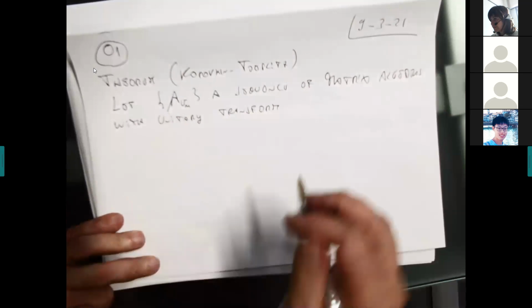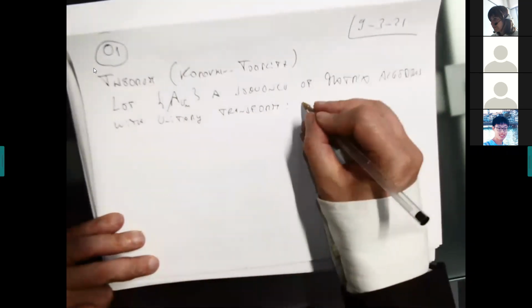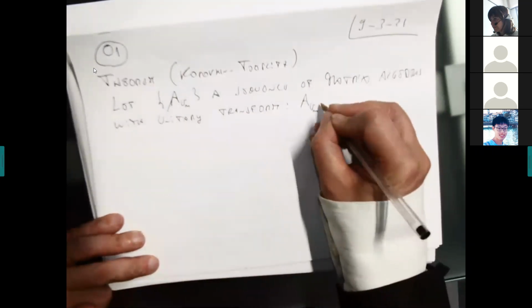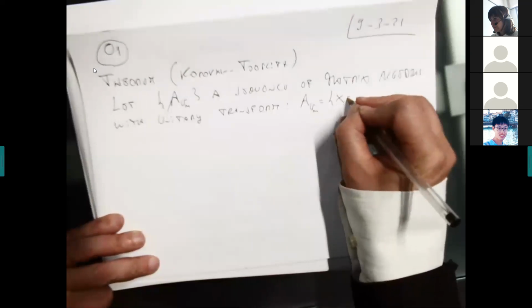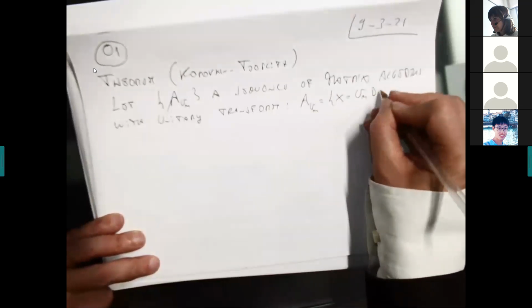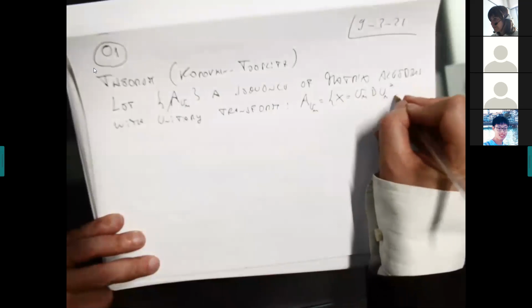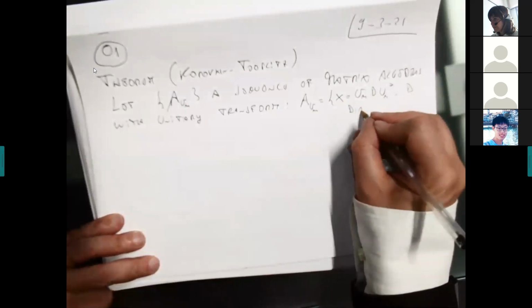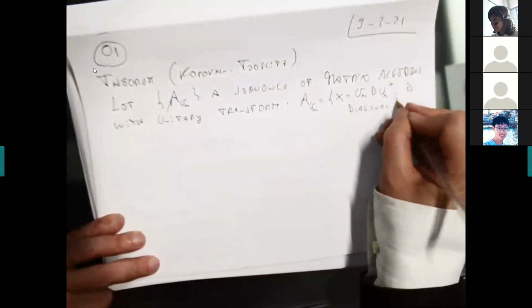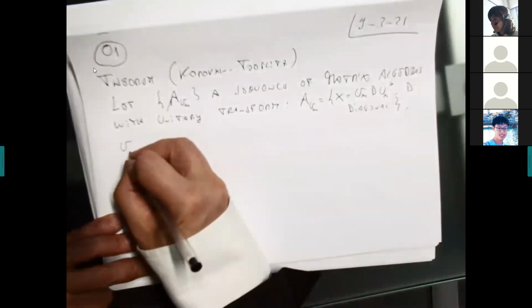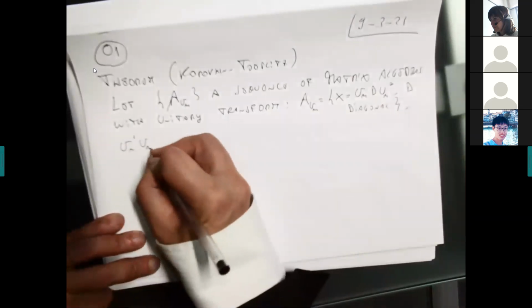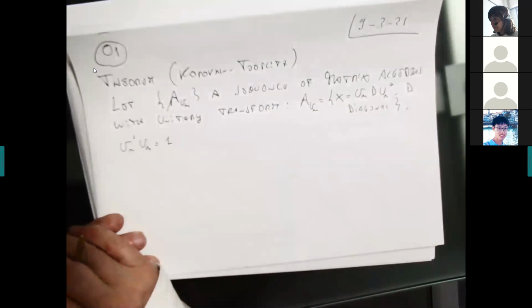So if you like A_UN, as before, X equal UN, the diagonal, UN star, and UN star UN equal to 1.